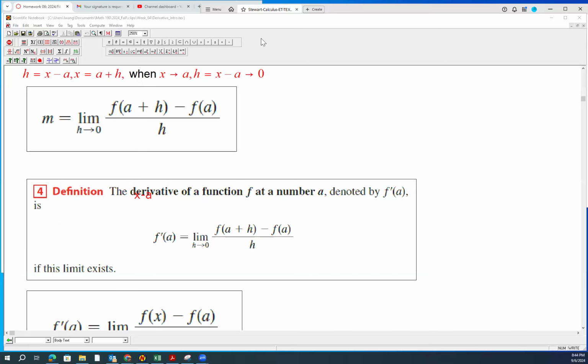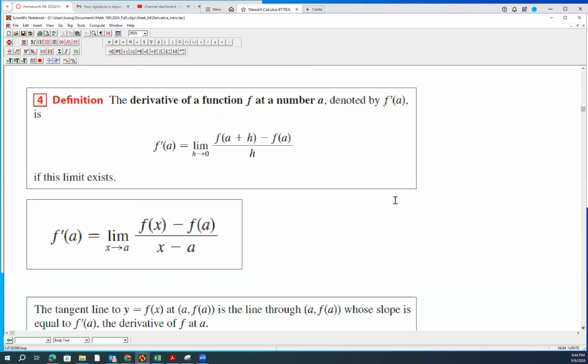And there's another version. Let me clean this up. The other version wasn't written in the textbook, but we have these two versions already. Instead of calling it h, we call it delta x.